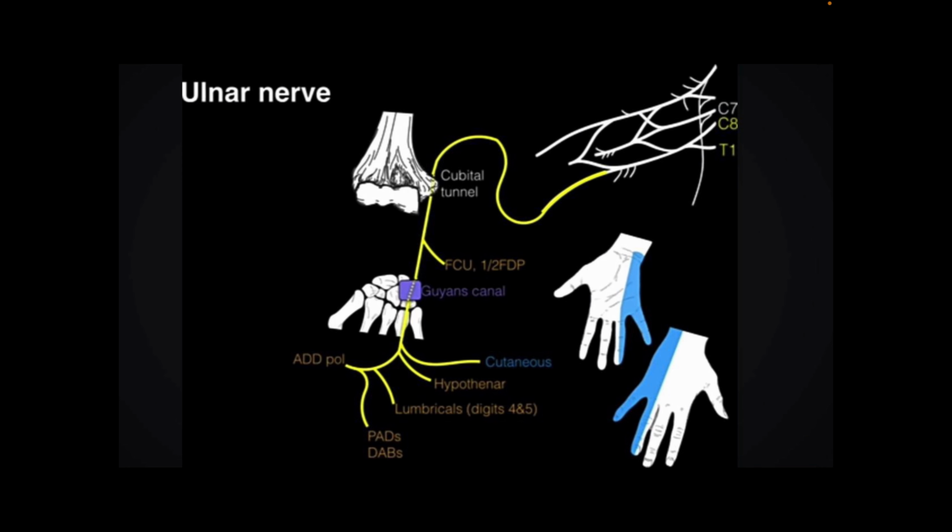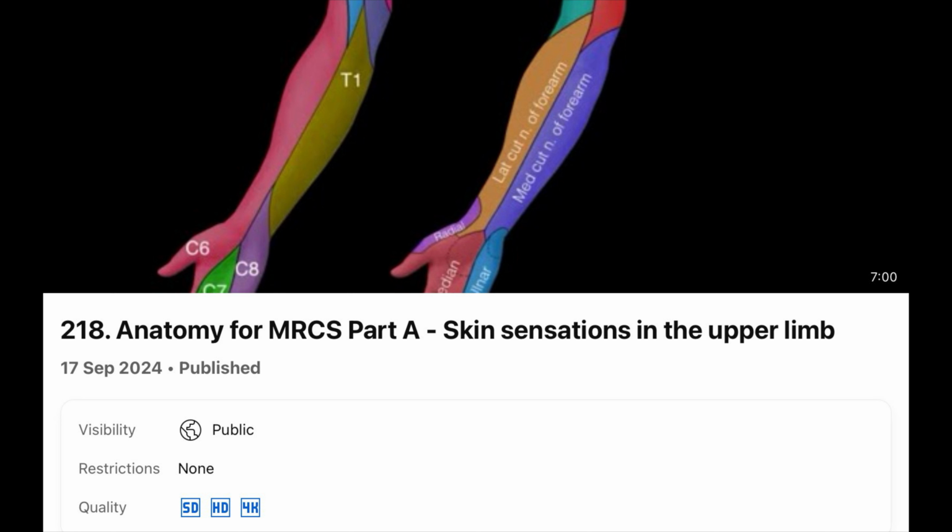This is the skin sensation. The entire little finger or digiti minimi is supplied by the ulnar nerve, both motor supply as well as sensory supply, and the ulnar half or the medial half of the ring finger is also supplied by the ulnar nerve. So that's the cutaneous supply which we have talked about in my video on cutaneous sensations of the upper limb.